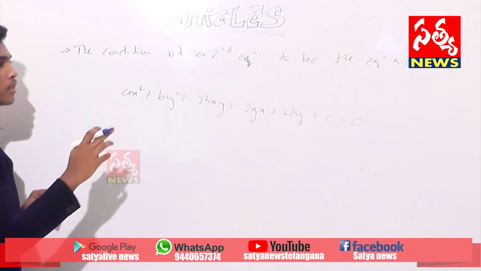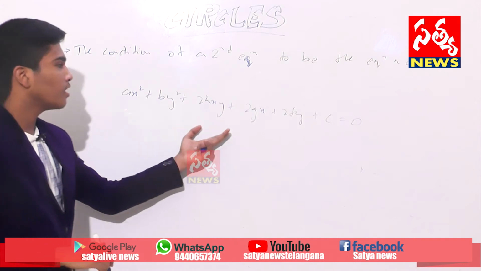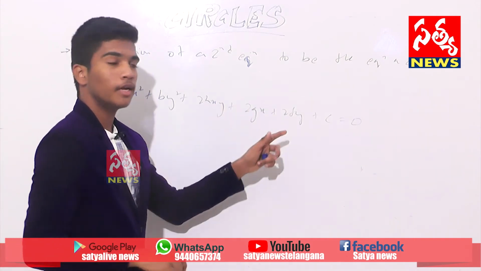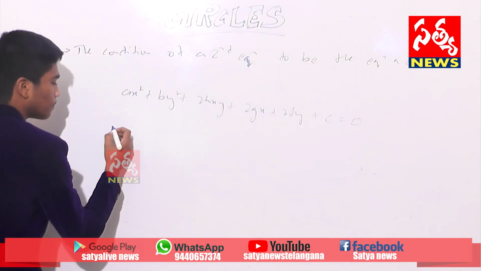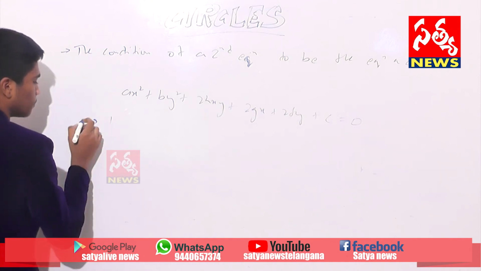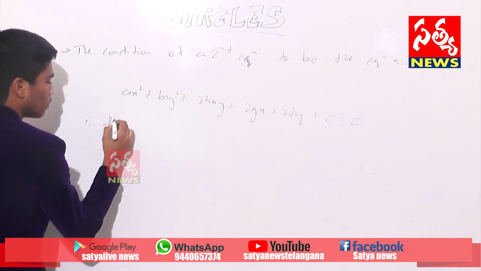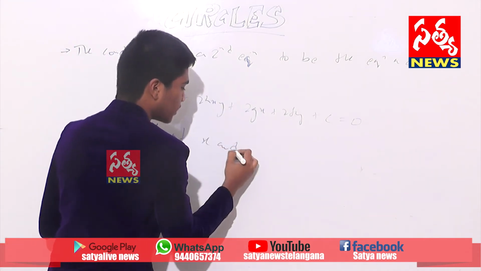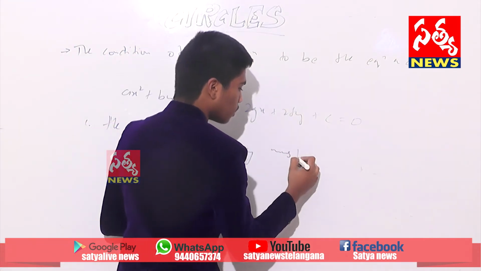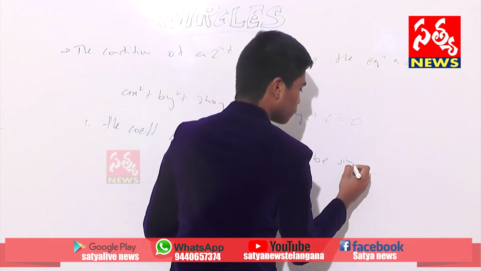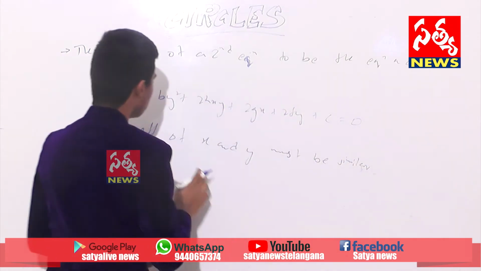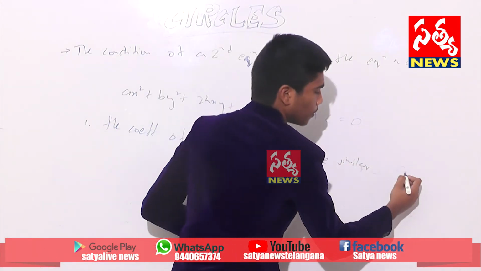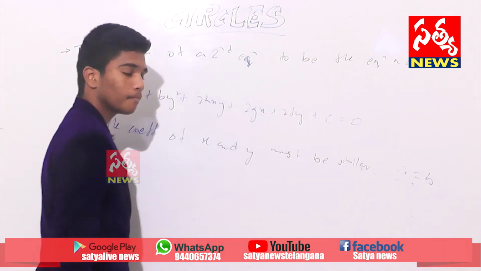The conditions for which this second degree equation is an equation of a circle are, first, the coefficients of x square and y square must be equal. That means a must be equal to b.